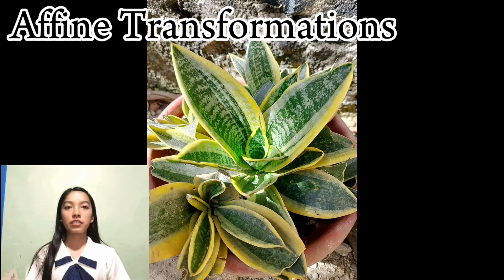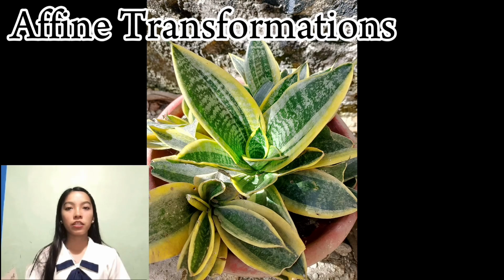The snake plant, or the Sansevieria trifasciata, exhibits a natural affine transformation pattern in its leaf growth. This means that as new leaves grow, they maintain a similar shape and pattern but may scale, rotate, or shear slightly relative to older leaves. This transformation follows self-similarity, a key feature of fractal-like growth in nature.